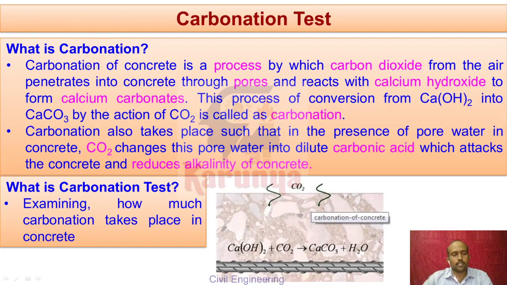What is carbonation? Carbonation of concrete is a process by which carbon dioxide from the air penetrates into the concrete through pores and reacts with calcium hydroxide to form calcium carbonate. This process of conversion of Ca(OH)2, that is calcium hydroxide, into CaCO3, calcium carbonate, by the action of CO2 is called carbonation.